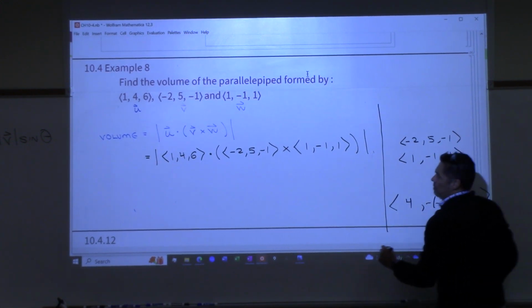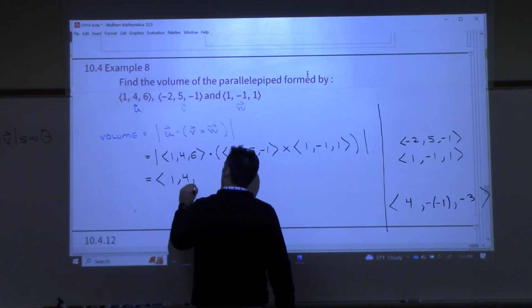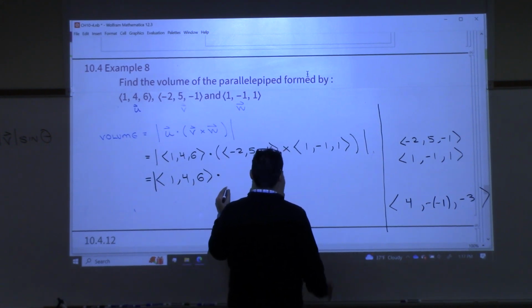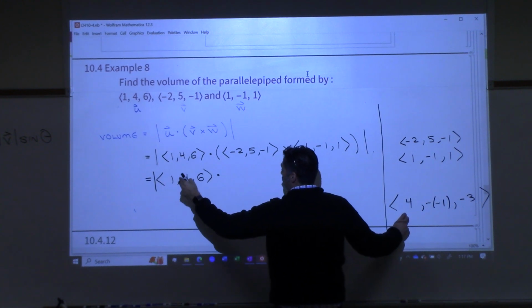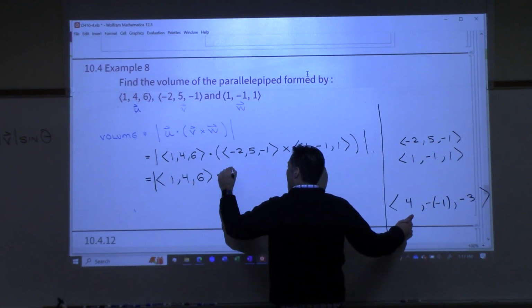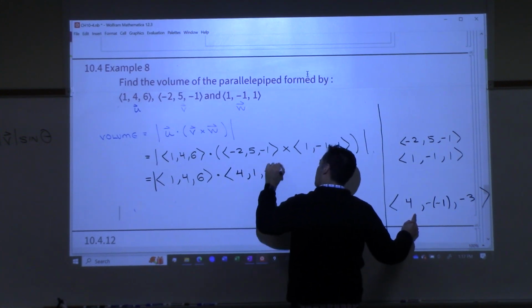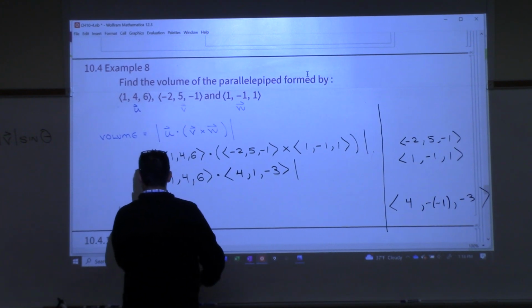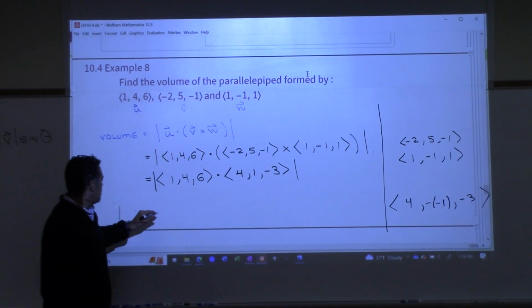So my cross product I'm ready to put in here is 4, 1, -3. My triple product is the absolute value of 1, 4, 6, that vector, dotted now with that cross product, which is 4, 1, -3. And the dot products are easy to compute, right, compared to the cross.